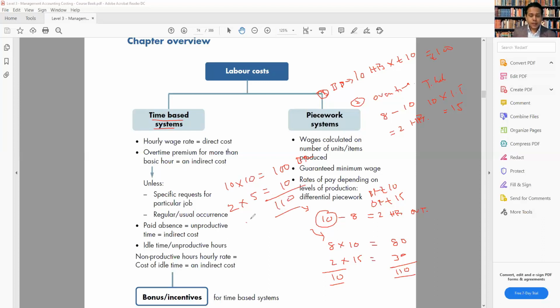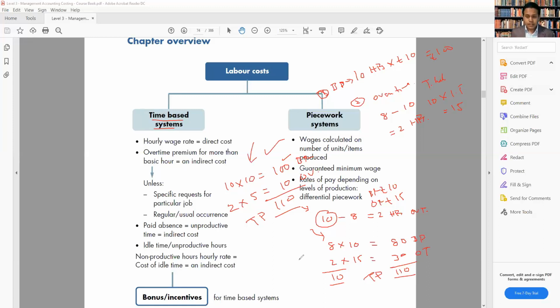Now the total payment is the same anyway, but in the first calculation I'm saying my basic pay is 80 and overtime is 30. But here I'm saying my basic pay is 100, but overtime is only 10. So we need to follow that, not the first calculation.